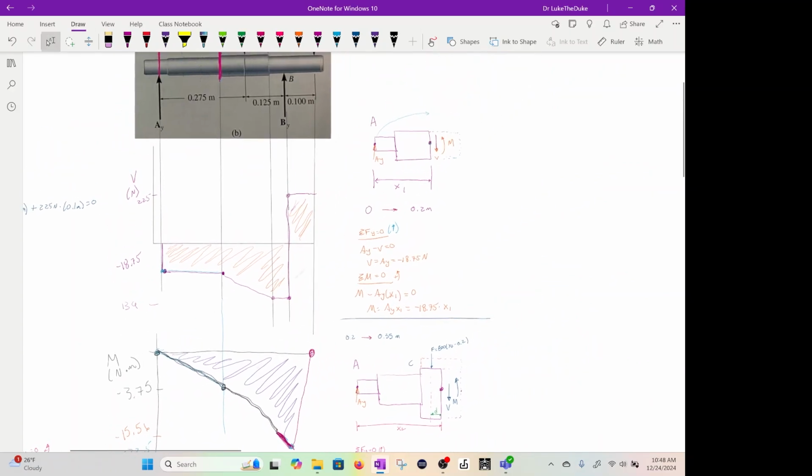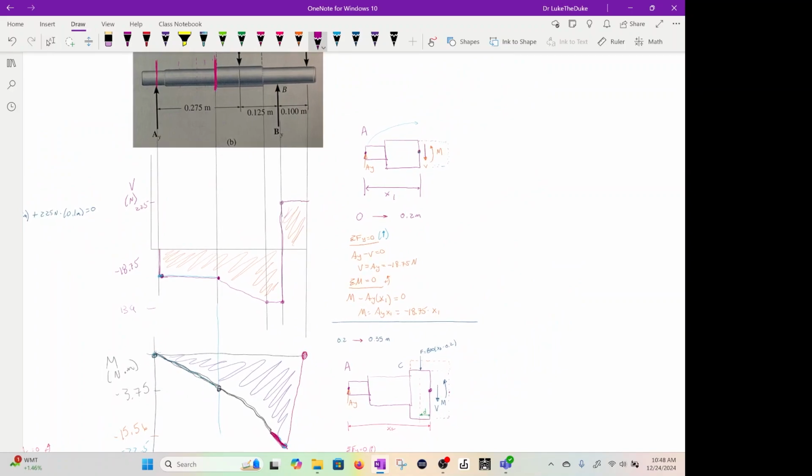If I zoom out a little, from 0 to point 2, which are these 2 lines here, the shear is negative 18.75, and then the moment is a linear line down to right here, which is, I believe, negative 3.75, because x is in meters.